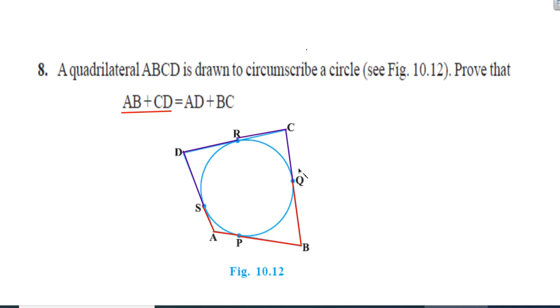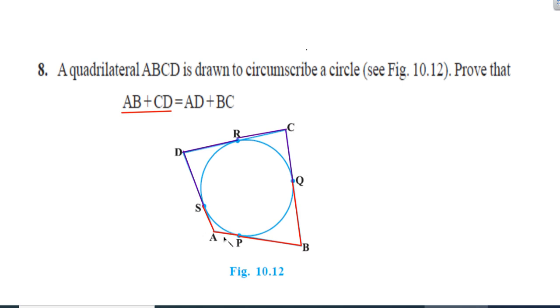Now add all these equations. You will get one side as AP plus PB plus DR plus RC is equal to AS plus DS plus BQ plus CQ.